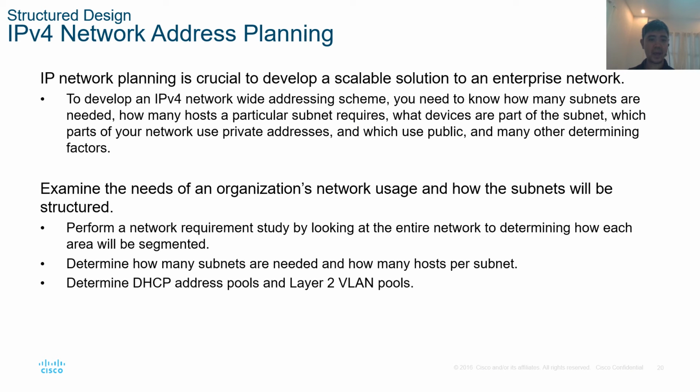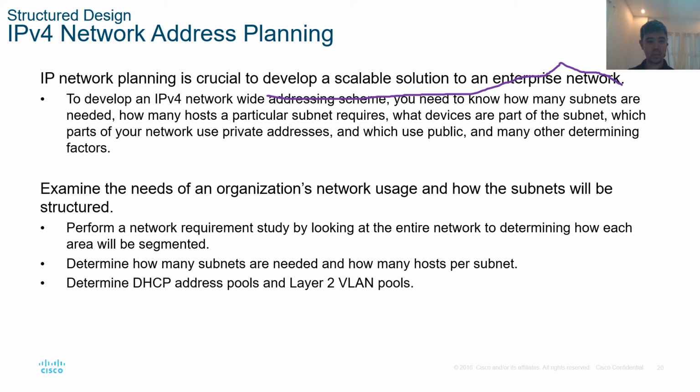IP address and IP network planning are very important. It helps to develop a much more scalable solution, especially in an enterprise network. Like the IP addressing scheme to use, and if you need to subnet your network.